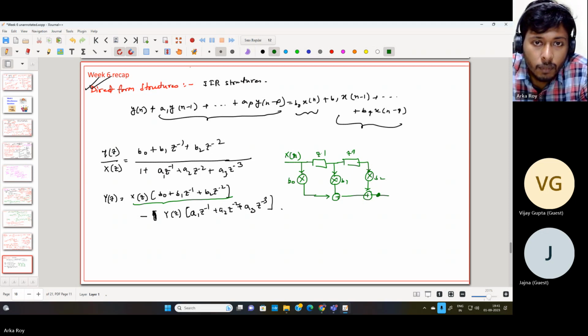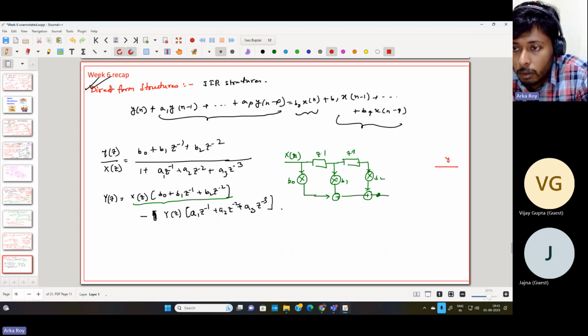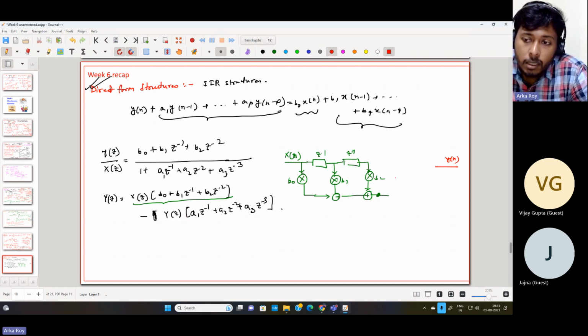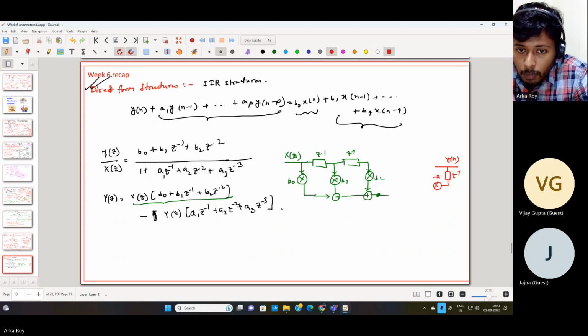Okay. Now let us consider this is your y of n. So y of n is passed through a delay, and then multiplied by minus a1, so I'm absorbing the minus sign inside.